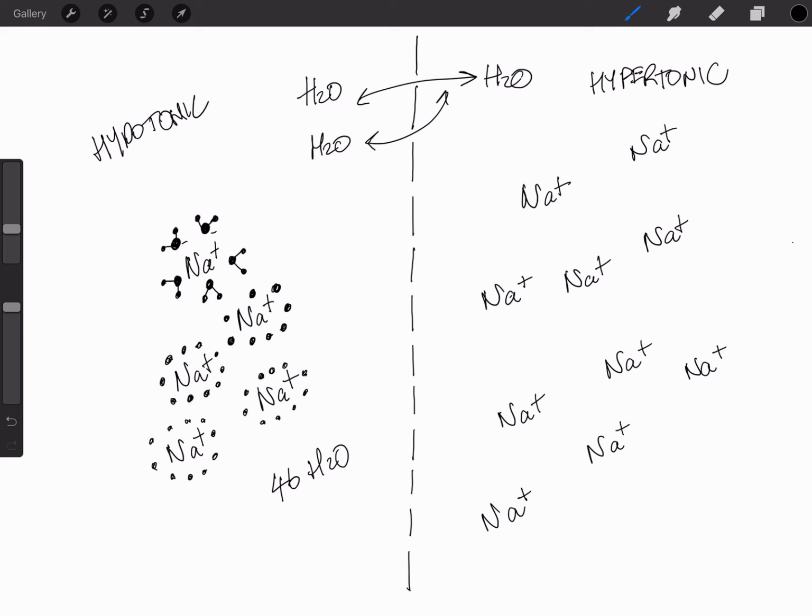Now, if we look over on the right hand side in our hypertonic solution, let's do the same thing. I'm going to draw these in, and I'll stop talking and speed this up so you don't have to watch me doing this.